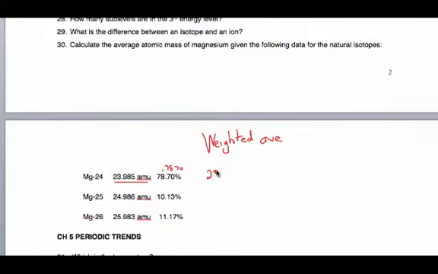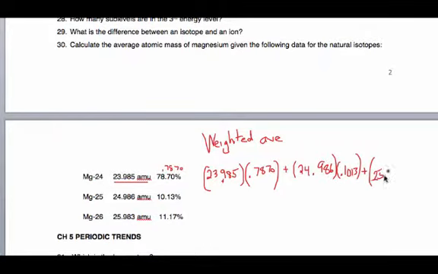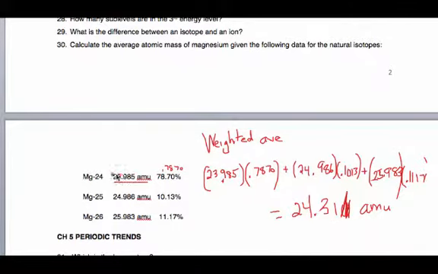So we would do 23.985... 24.310 AMU. I'm sticking with the sig figs. We get 4, so I guess we wouldn't say that. Does that seem reasonable? It does. It's most like this one. Most of them are that mass.